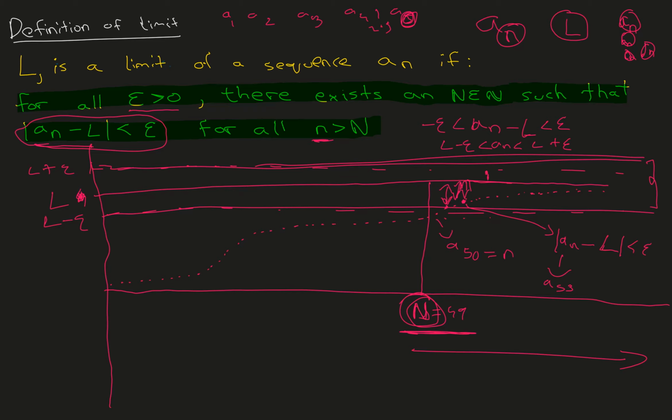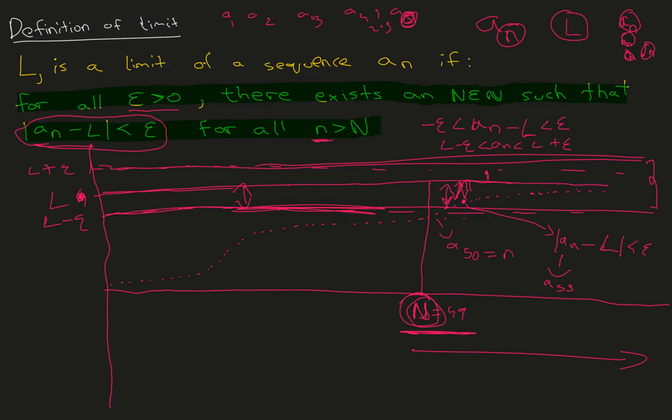And what did we say epsilon is? It's this distance right here from L to L minus epsilon. So L is the center of the tube, and L plus epsilon and L minus epsilon are the walls of the tube.